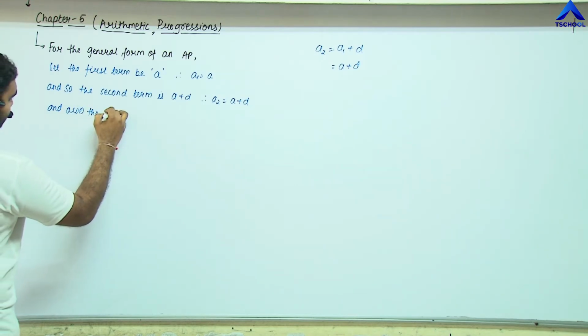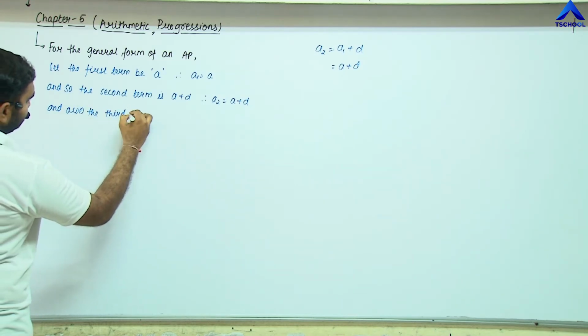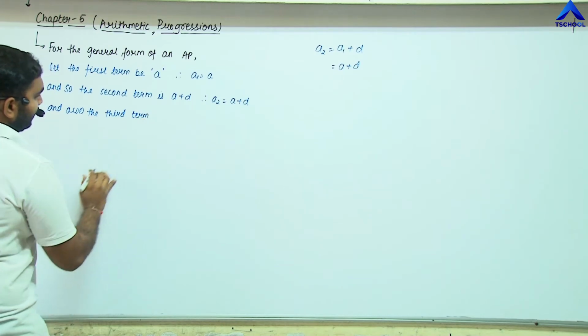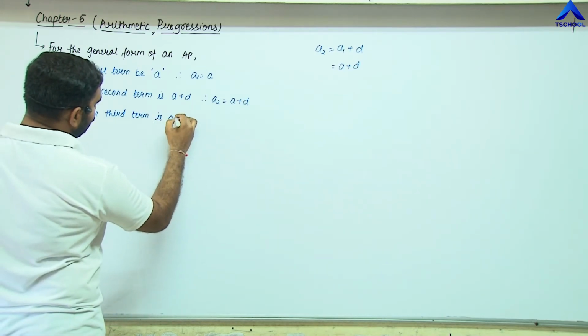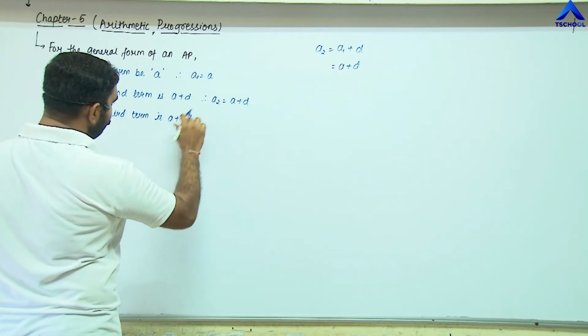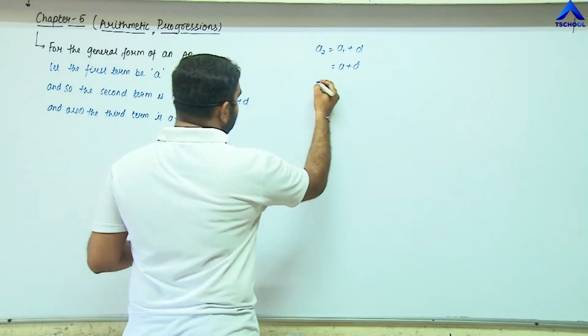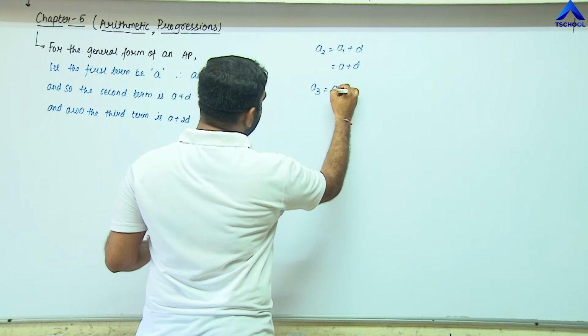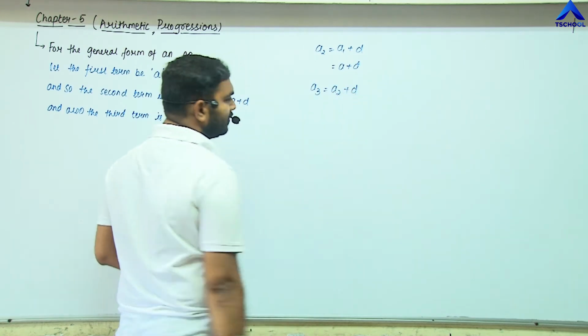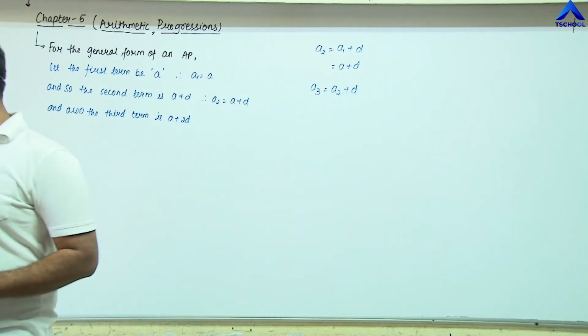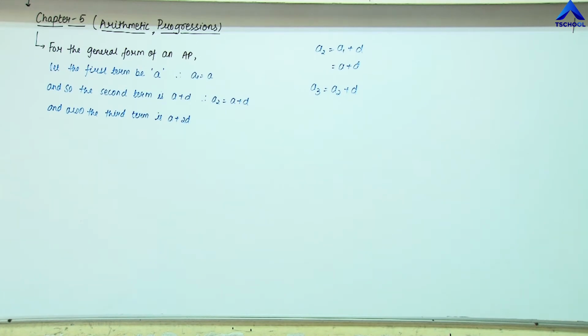and also the third term is A plus 2D. How? Suppose I want to find out the third term, that is the second term plus the fixed number, the common difference, because according to the definition, what is the definition of arithmetic progression?